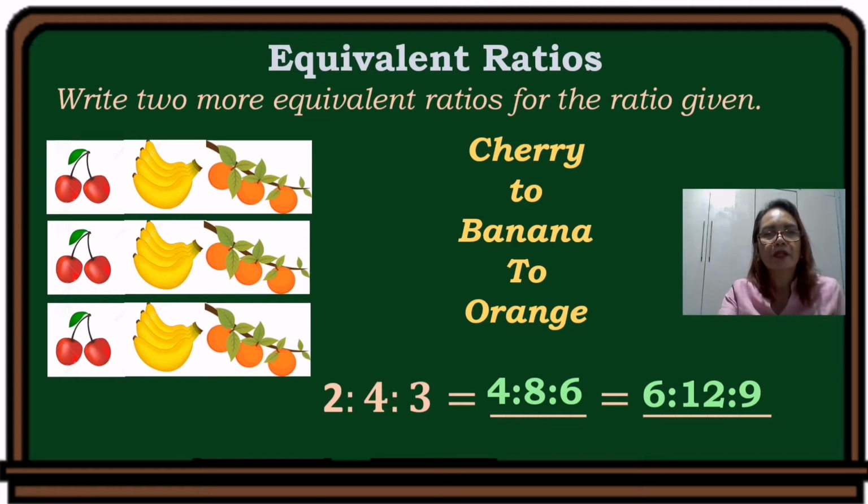We have 6:12:9. So, again, 2:4:3 is equal to 4:8:6 is equal to 6:12:9. Okay? So, these 3 groups of ratios are equivalent ratios.